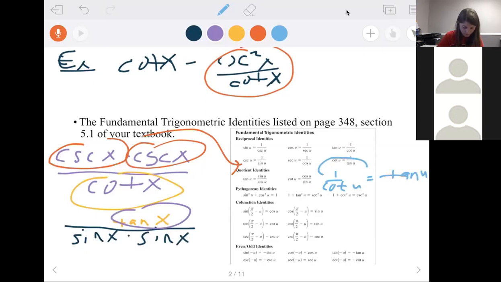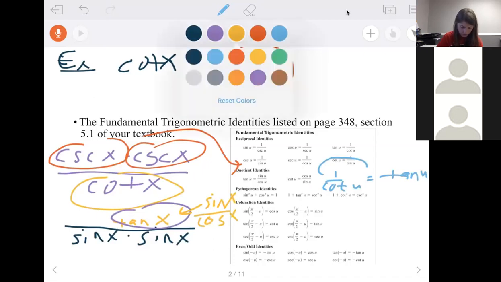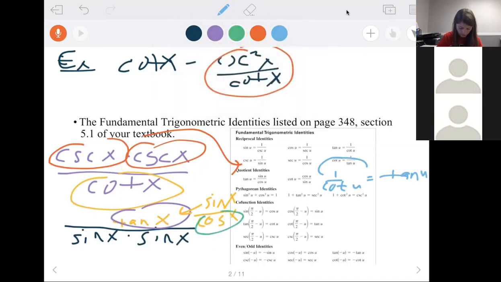So we are still changing this one little piece, and we need to keep our minus part up top. So let me try to squeeze this in. Our tangent will be replaced with sine over cosine. So notice if you do that, the cosine is really going to go to the bottom.